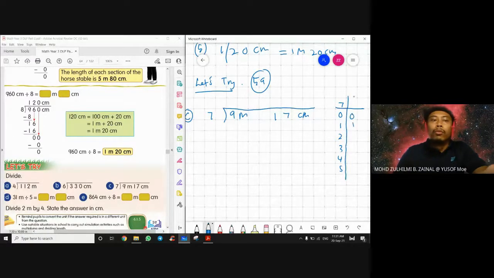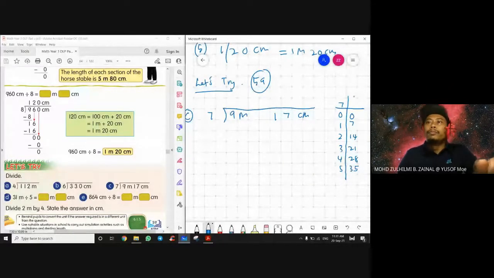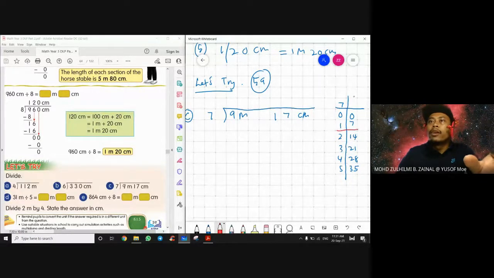Okay, 0, 1, 7, 14, 21, 28, 35. Okay, almost 5. So start. Okay, cari 9. So you have to find 9. 9 is not in the multiple of 7. So you have to take the smaller number, which is 7.